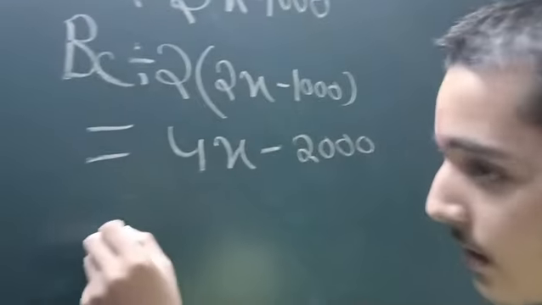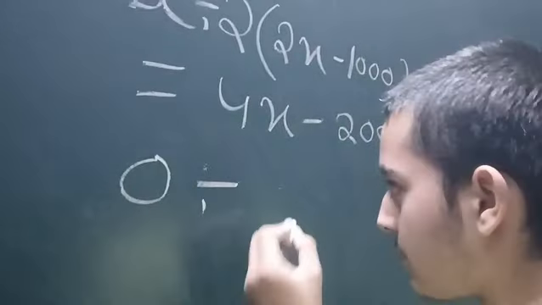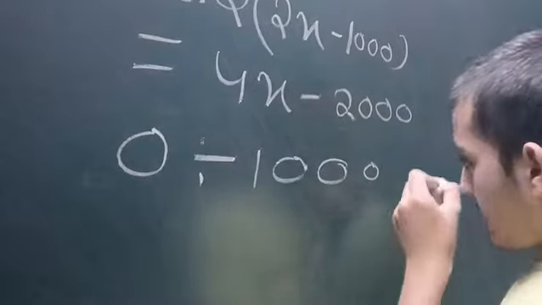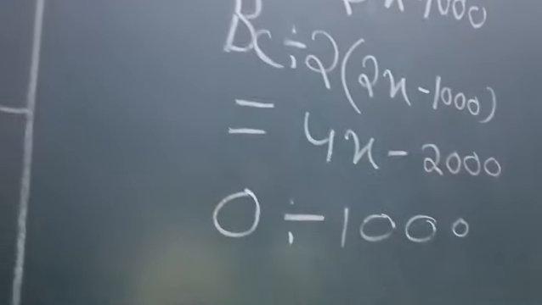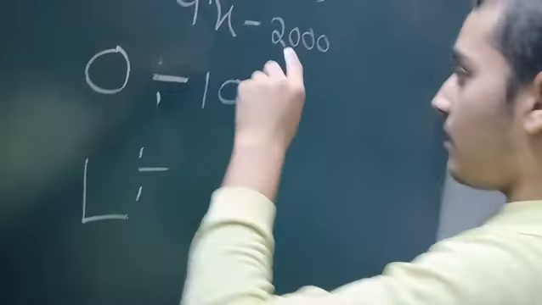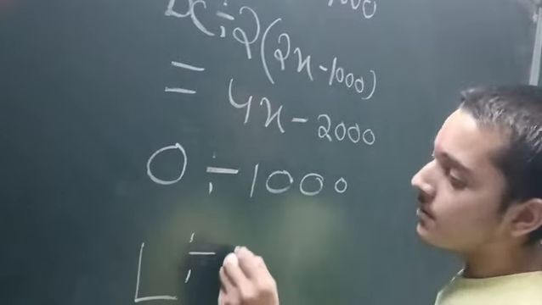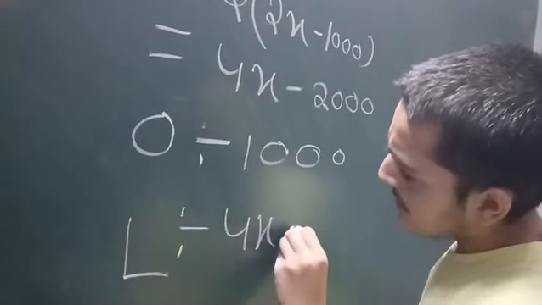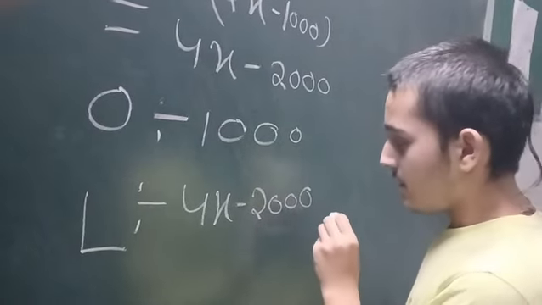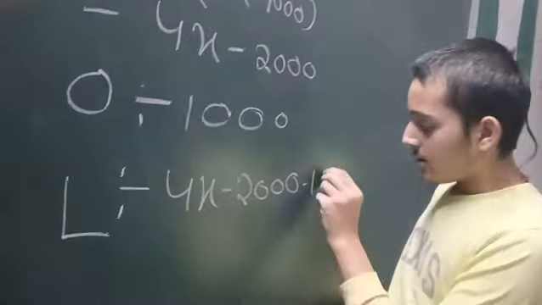Now the value of O will again be 1000, as he offered 1000 rupees, and then the value of L will be found by subtracting this from this, so it will be 4x minus 2000 minus 1000.